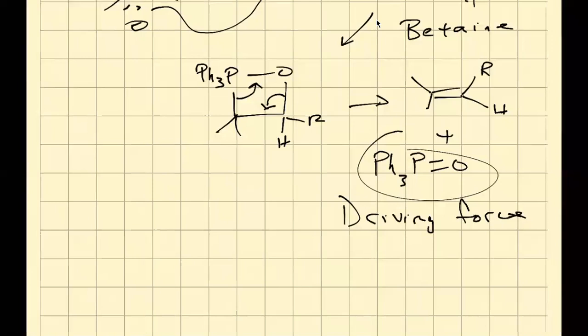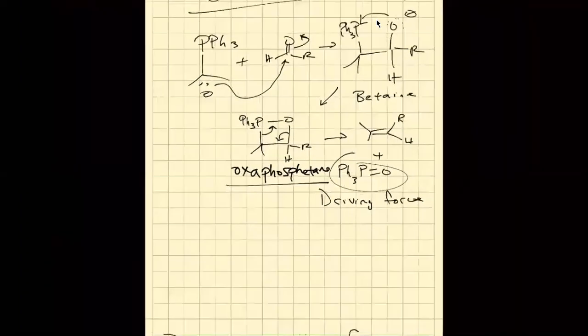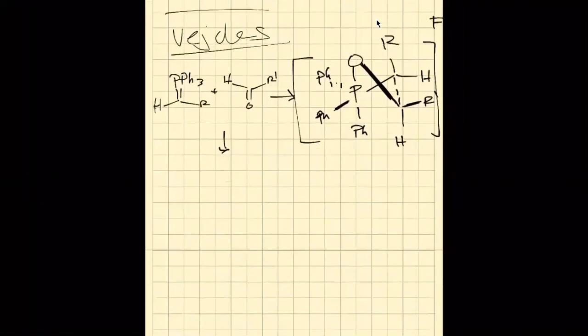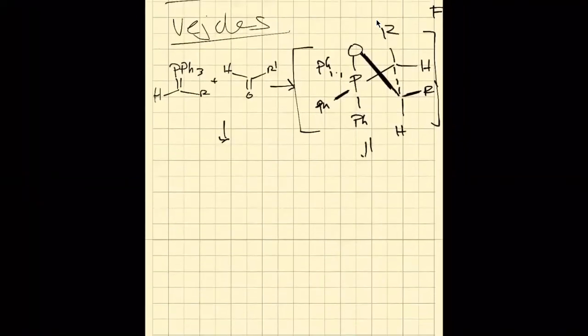Right, so this intermediate right here that's believed to collapse and give you the alkene is called an oxaphosphetane. So from this transition state right here, that's going to give you this oxaphosphetane.